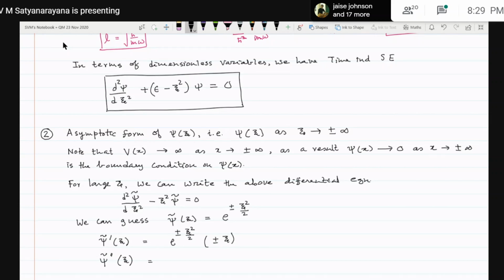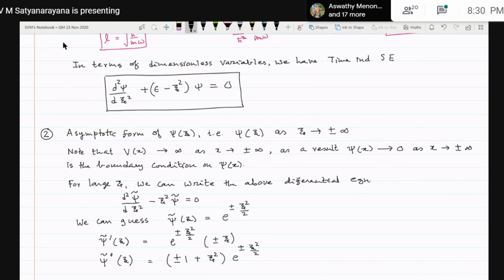Now you ask what is psi tilde double prime of xi. This will have 2 terms. So first I do a differentiation of this, which will give me plus minus 1, and then I do a differentiation of this again. That will give you a plus minus xi, which will become xi square. So plus xi square into e to the power plus minus xi square by 2.